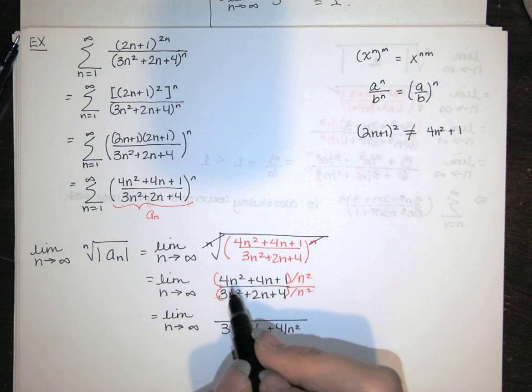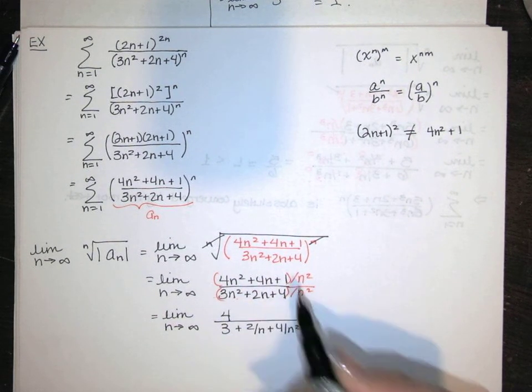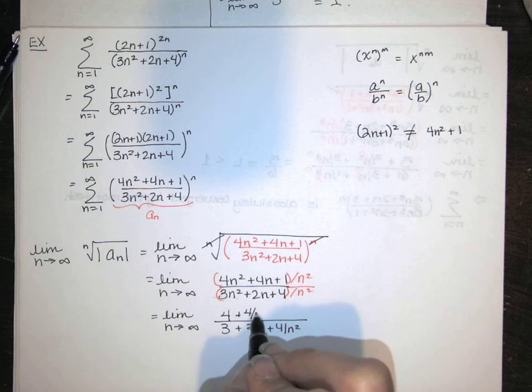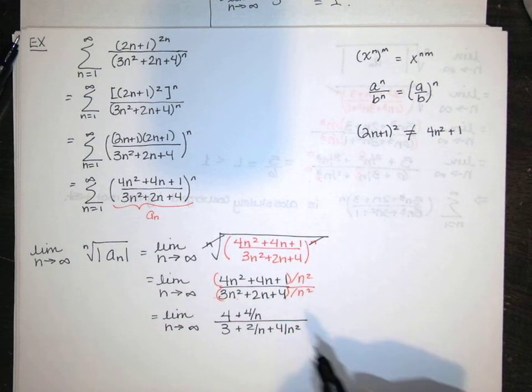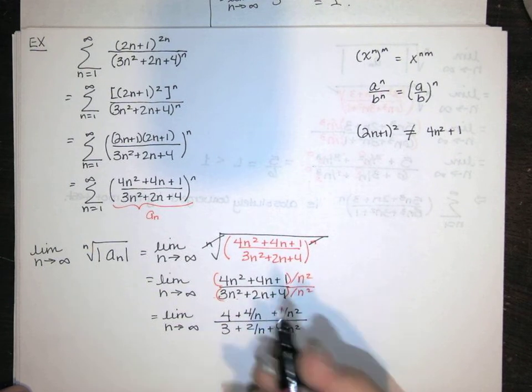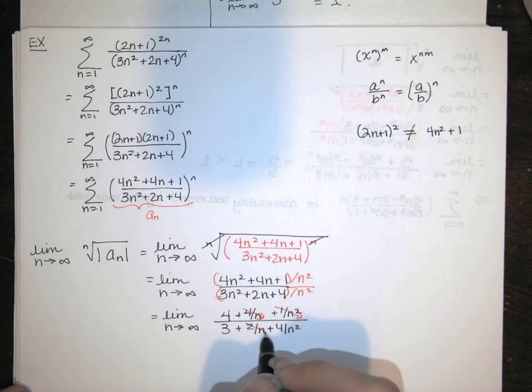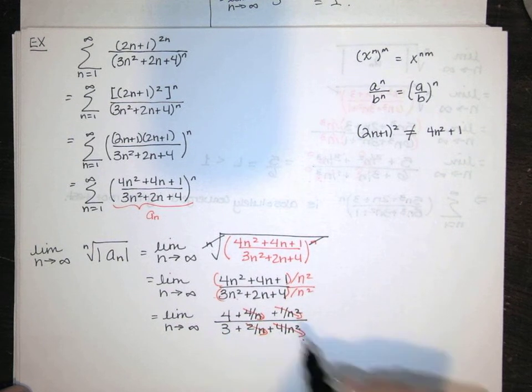In the numerator, do the same thing. 4n squared divided by n squared is 4. 4n divided by n squared is just 4 over n. One of the n's will reduce, and 1 over n squared is the last term. And as n goes to infinity, this guy goes to 0, and this guy goes to 0, and this guy goes to 0, and that guy goes to 0.